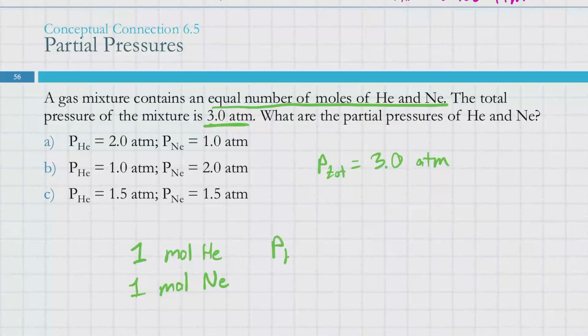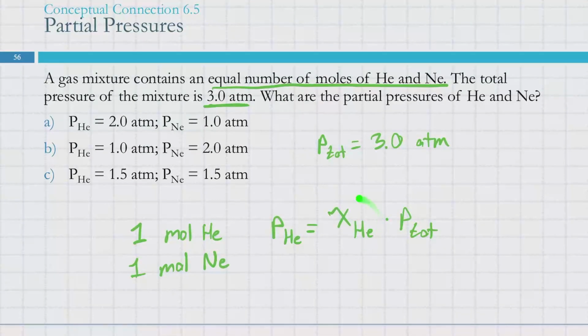Our partial pressure of helium is going to be the mole fraction of helium times the total pressure. And the mole fraction is going to be the moles of helium divided by the total number of moles.